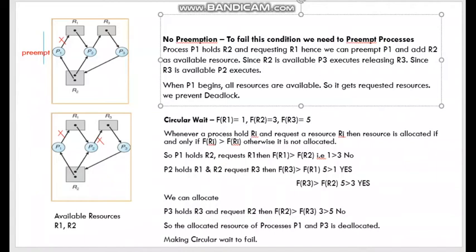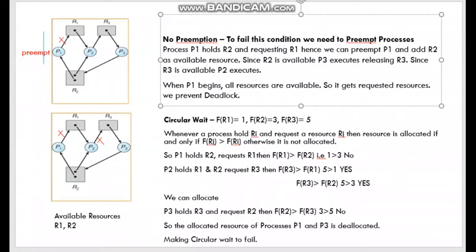Hold and wait and no preemption are more or less the same; they create the same scenarios in most cases. The moment P2 and P3 are executed, what happens to P1?